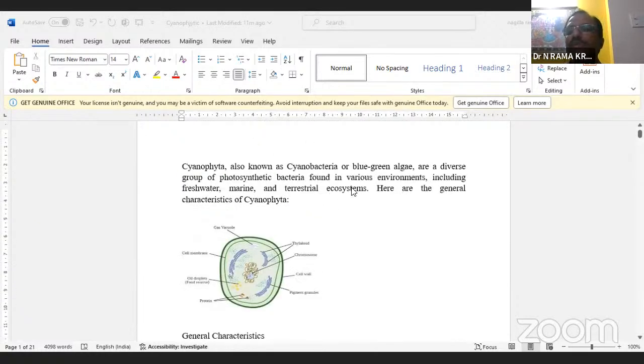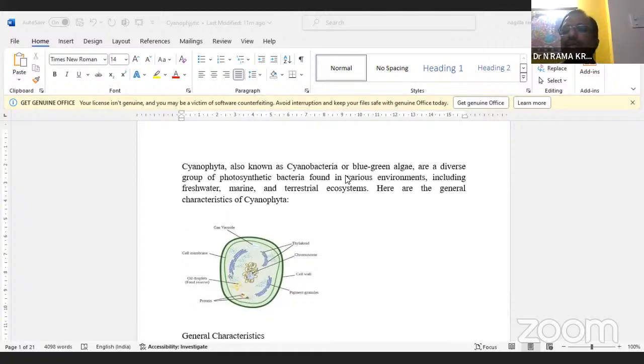One more name is Myxophyceae. What is the meaning of Myxo? Myxo means mucilage cavities. Myxophyceae means these bacteria are found only in mucilage cavities.